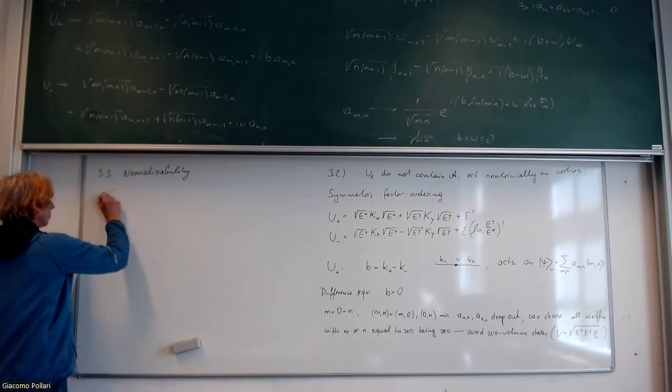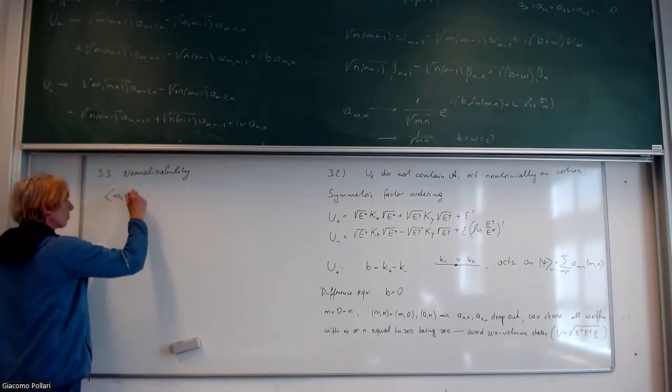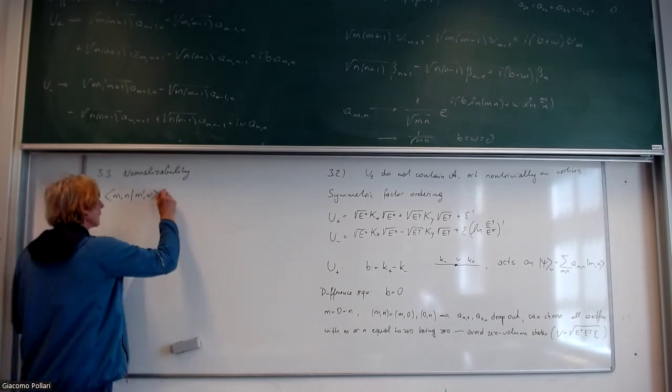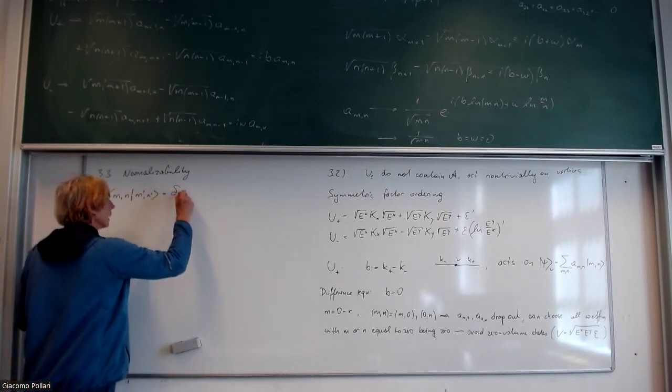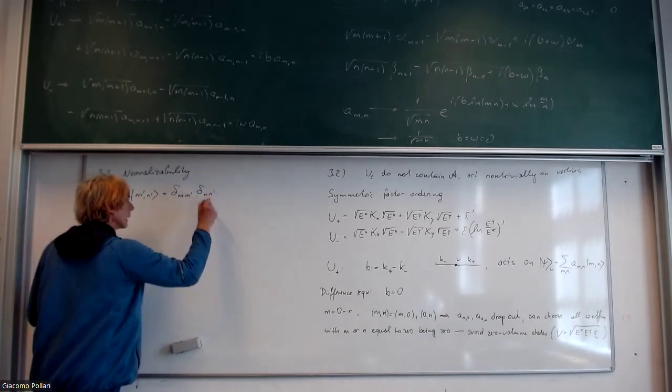We assume, obviously, that the scalar product of two basic functions, polynomials, is equal to delta n n prime.